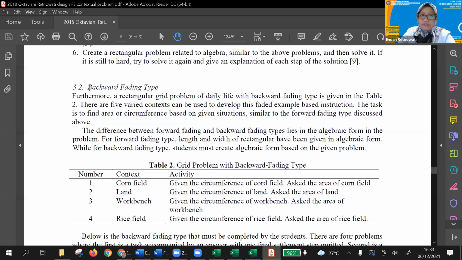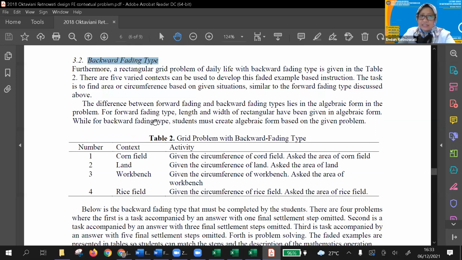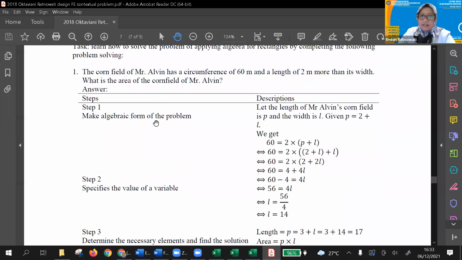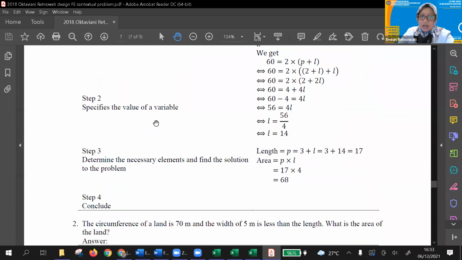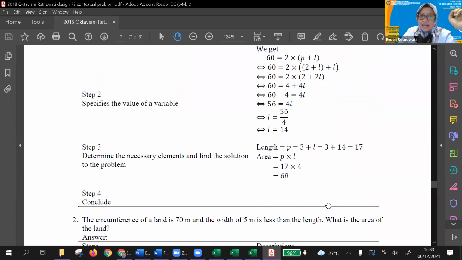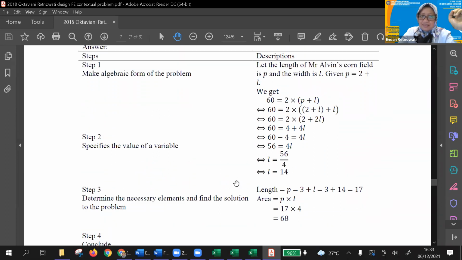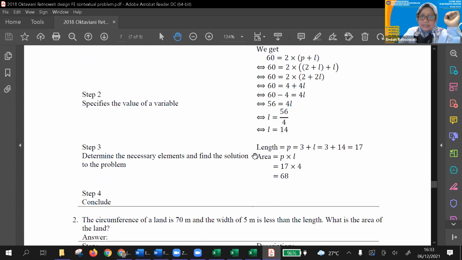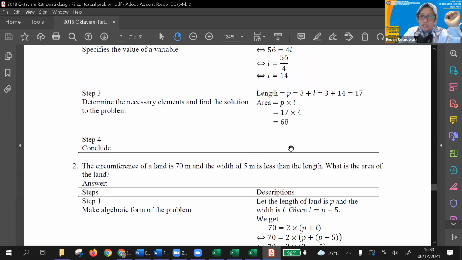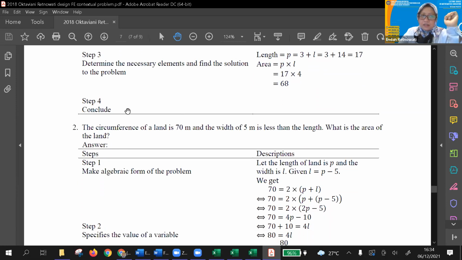And we also have this backward fading type. In the backward one, we omit the last step. So steps 1, 2, 3 are given to be learned, and step 4 is omitted. It has a hint here: conclusion.